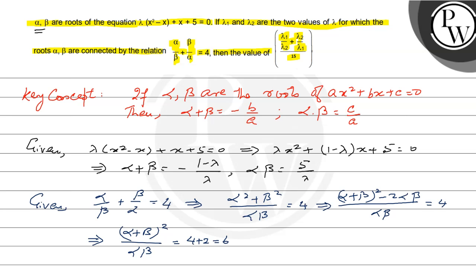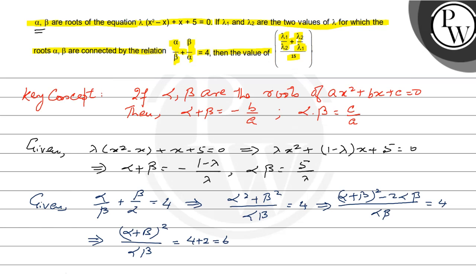So we got here (alpha plus beta) whole square divided by alpha beta is equal to 6. Right? So alpha plus beta is given as minus (1 minus lambda) over lambda.